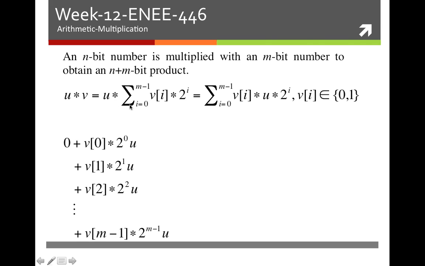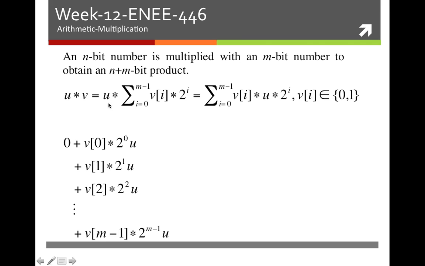This initial expression is intended to focus on the multiplier bits and see how they impact the ultimate product. And of course, when you multiply an n-bit number by an m-bit number, you're expected to get an n plus m-bit product. So the size of the result is going to be the sum of the bits that each of the two operands contains.